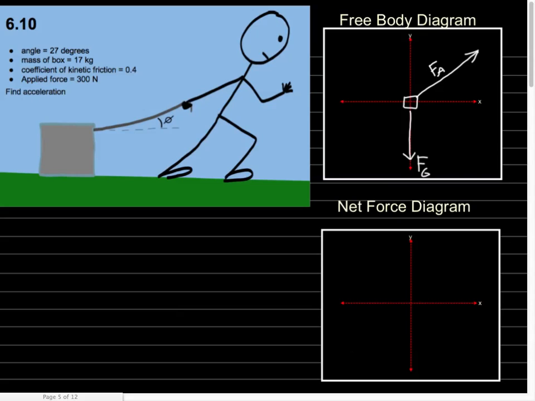And then we have the normal force pulling up. We'll call that Fn. And then we have the force of kinetic friction pulling to the left because he's moving to the left.